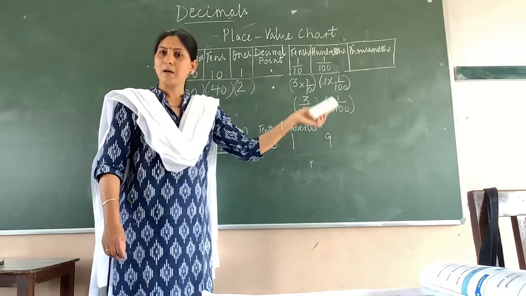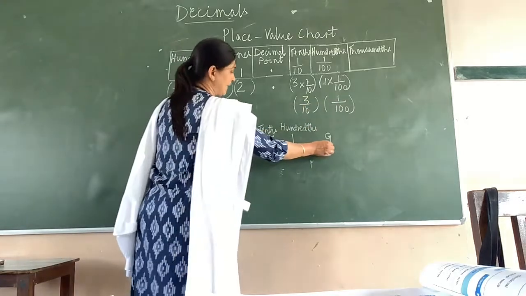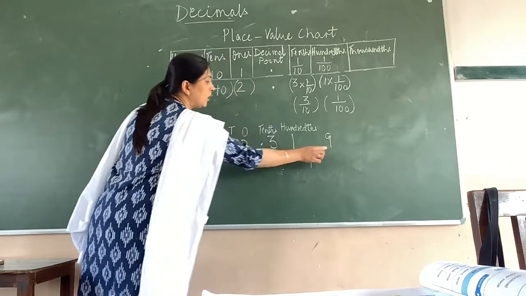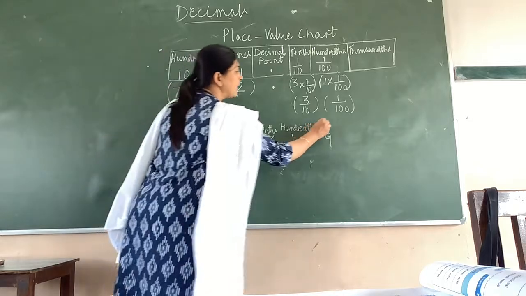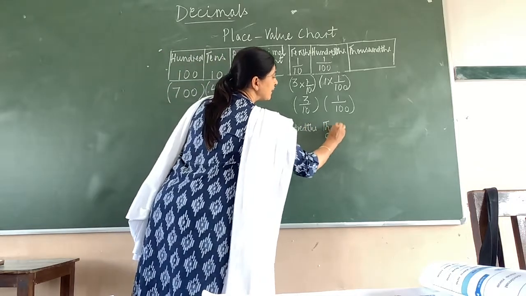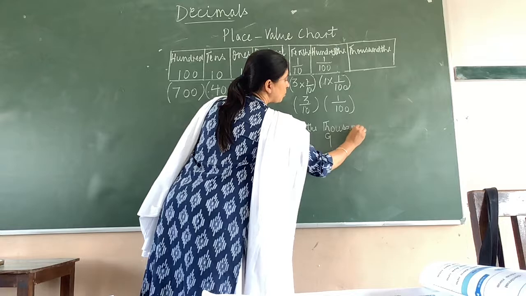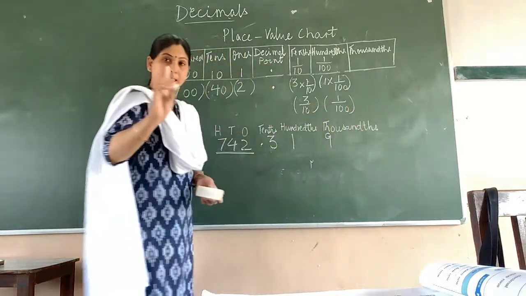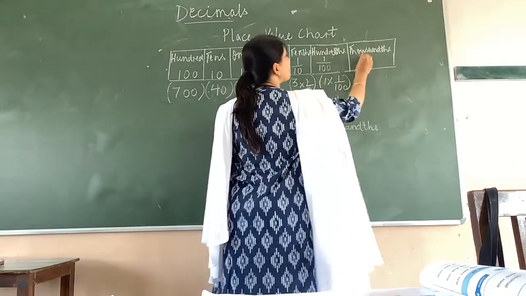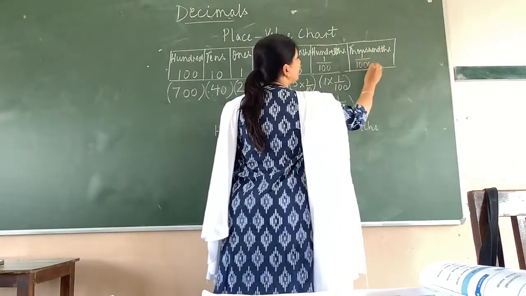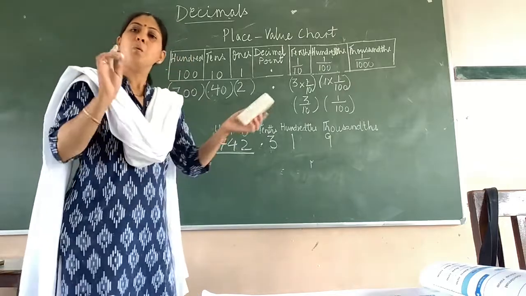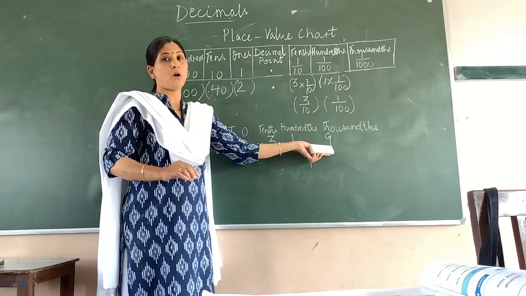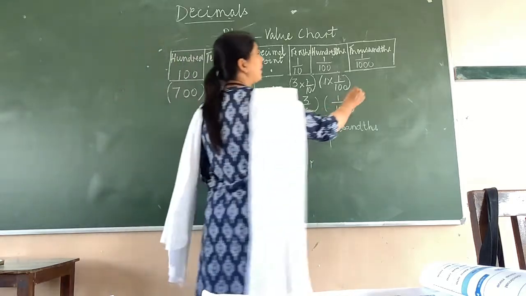1 hundredth, how do we write? 1 over 100. Now 9. The third digit after decimal, see, 1, 2, 3. The third digit after decimal point, its place is thousandths. Thousandths means 1 over 1000. So what is the place value of 9?